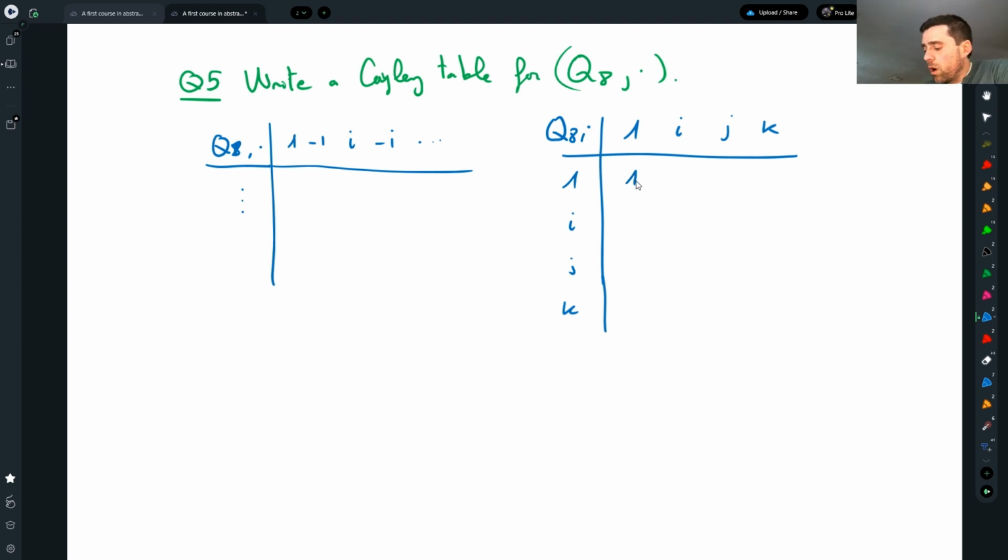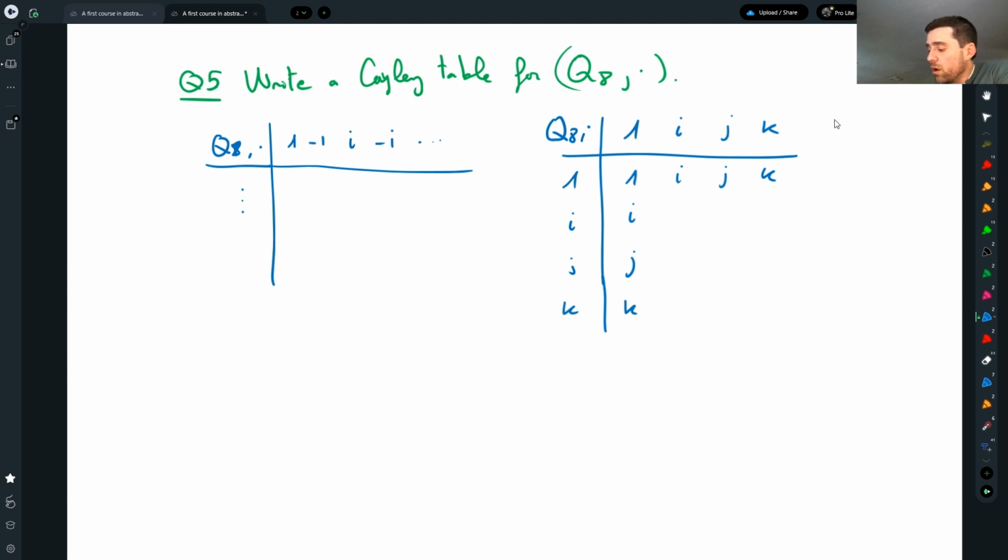When I multiply by 1, I get the same thing, on the left or the right. Now, each entry in here is going to be the top row by the column.